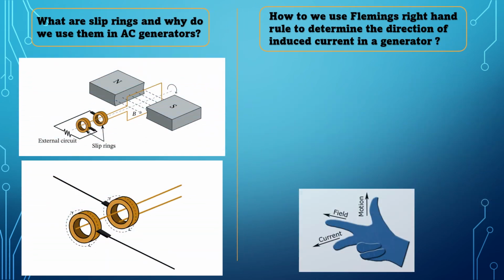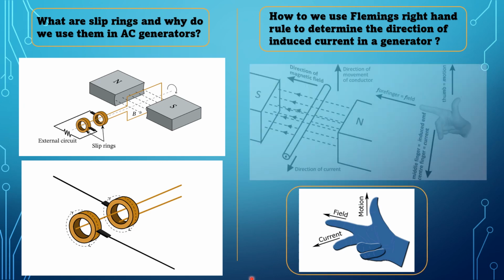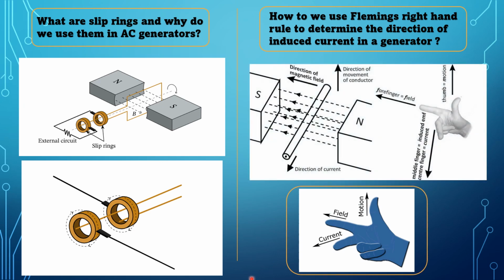Another question that people ask is, what are slip rings and why do we even use them in AC generators? Slip rings maintain constant contact with the same side of the coil, so these two things will never become detached from one and go to the other. It will always be in the same slip ring, and as one side of the coil moves up through the magnetic field, a potential difference is induced in one direction.